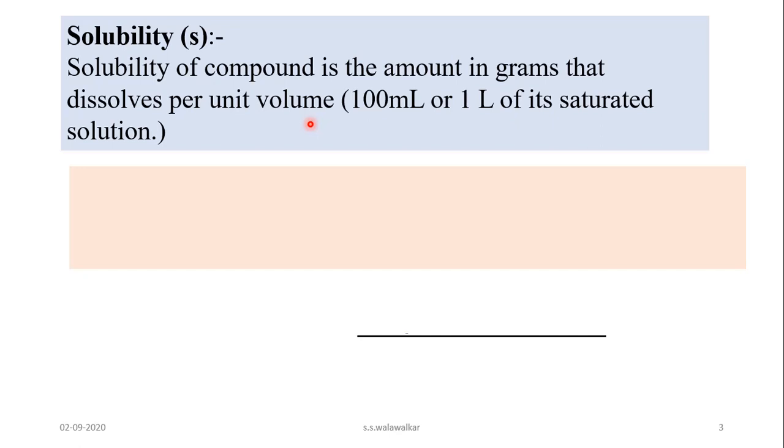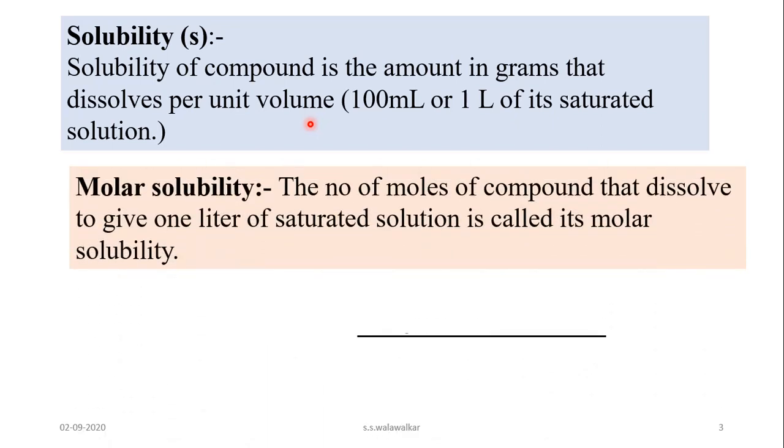Now molar solubility means the solubility expressed in moles per liter. That means the number of moles of compound that dissolves to give 1 liter of saturated solution is called its molar solubility.